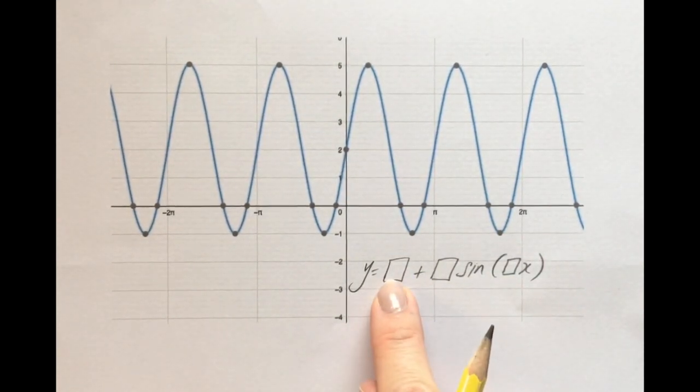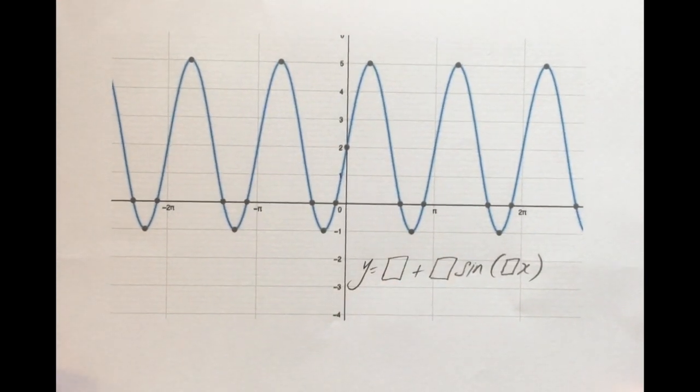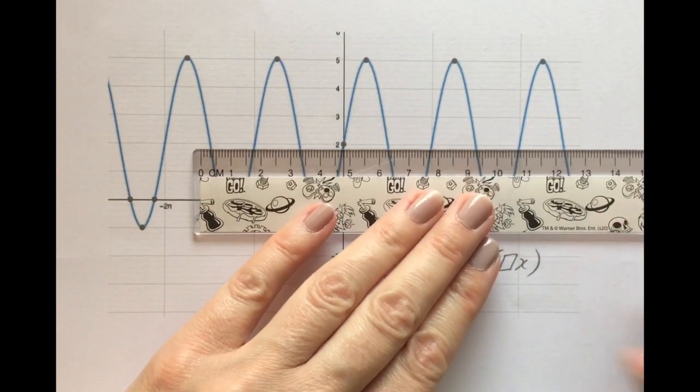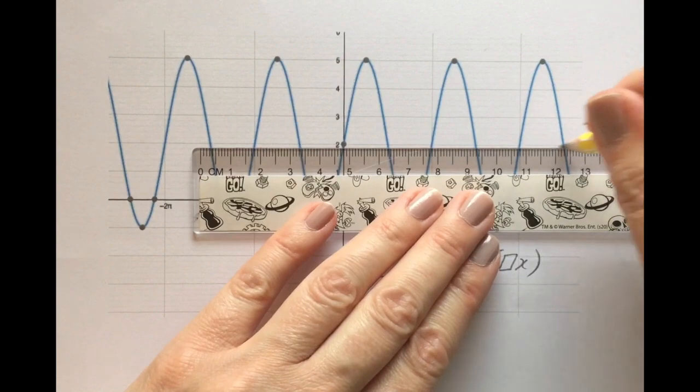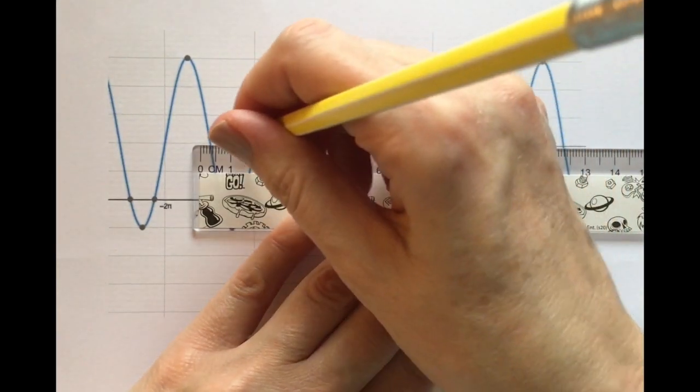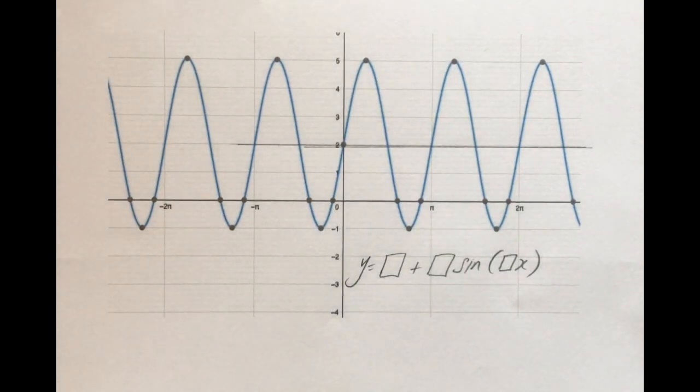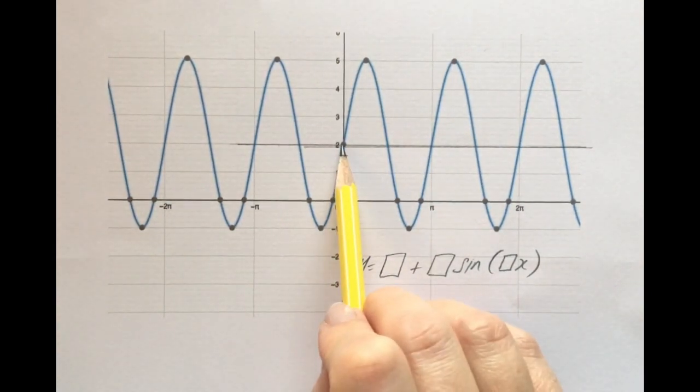So the first one, remember from your notes, is the midline equation. All right, and if we look here where our middle line is in this graph, we can see that we would draw that middle line here, okay? And that would be, of course, at 2.